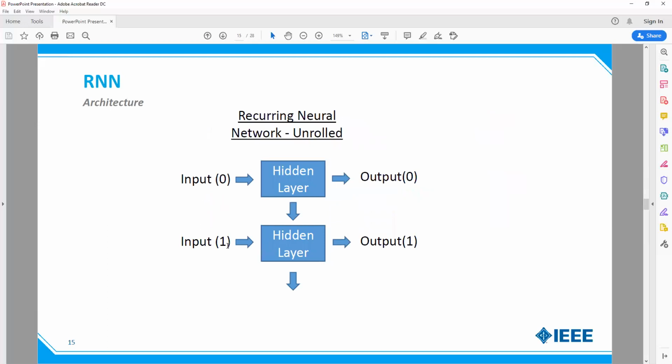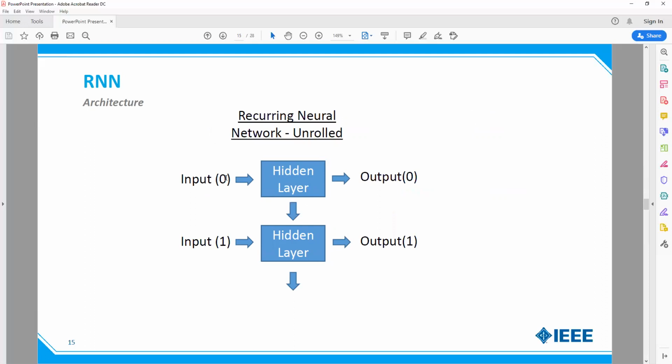An interesting thing with a recurrent neural network, though, is if we unroll it, we actually see that the unrolled version looks very similar to a feed-forward neural network, where everything is going in one direction.